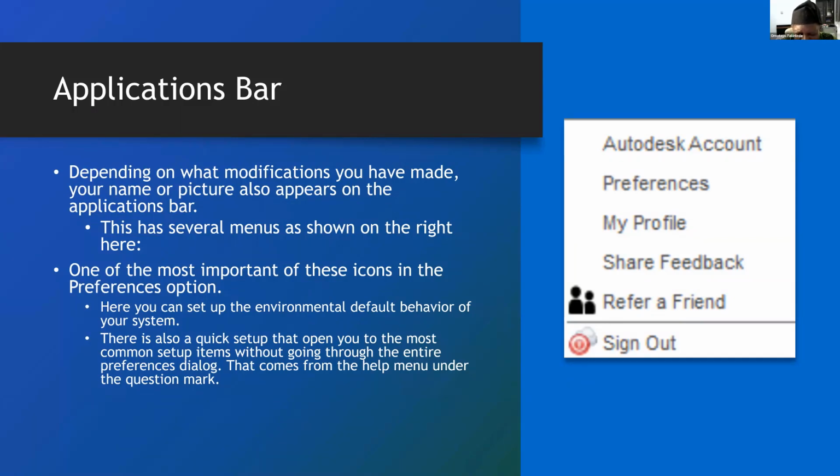If you have already edited it and you have uploaded a picture to Autodesk, they can show you that picture there. This has several menus as shown on the right here. So when you click that picture, you can see Autodesk account, preferences, my profile, share feedback, refer a friend, and sign out. You can sign out from there also.